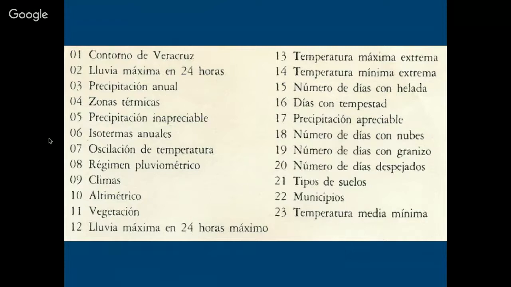Maximum rainfall in 24 hours, annual rainfall, hot zones, imperceptible precipitation, temperature contours, temperature variation, climates, elevation, vegetation, stormy days, types of soil, etc. So this really does sound quite a bit like the list of factors that limit species distributions that Grinnell provided to us.